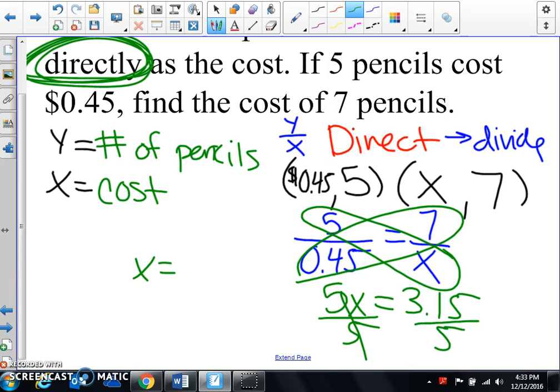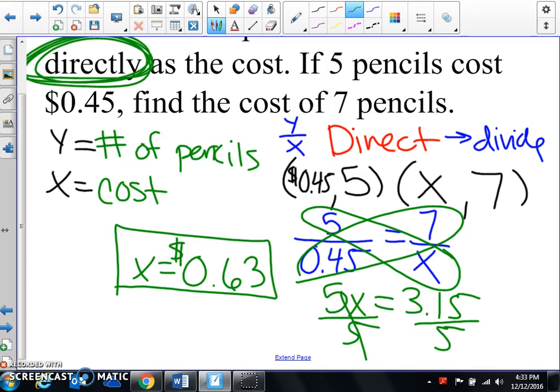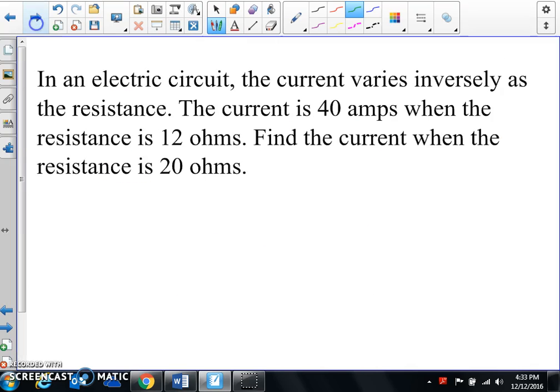X equals 0.63. And remember, that's money, so put your dollar sign on there. So 63 cents.